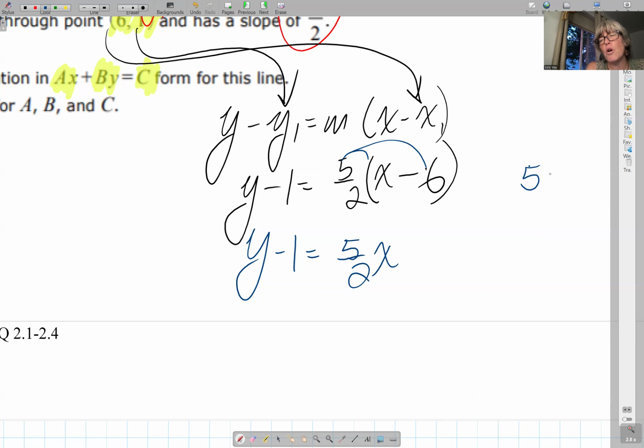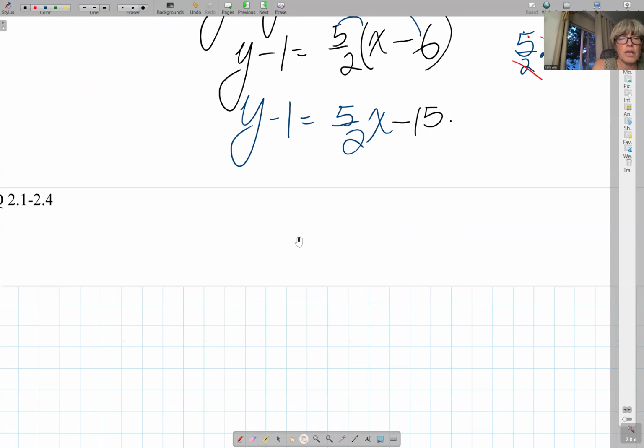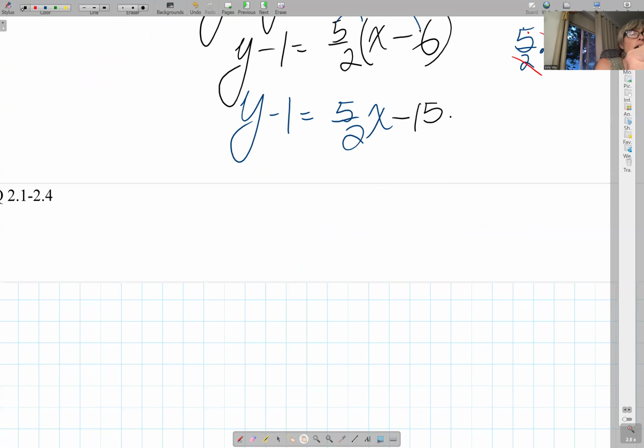I'm going to take it in the margin, 5/2 times 6. 2 goes into 6 3 times. 3 times 5 is 15. So that's going to be minus 15. We keep going here. We need to get the x over to the other side.